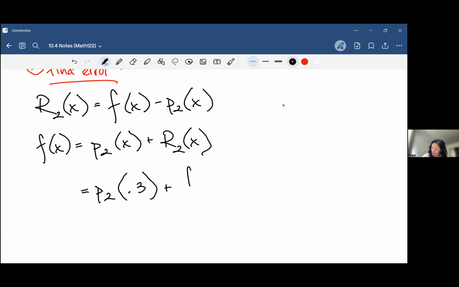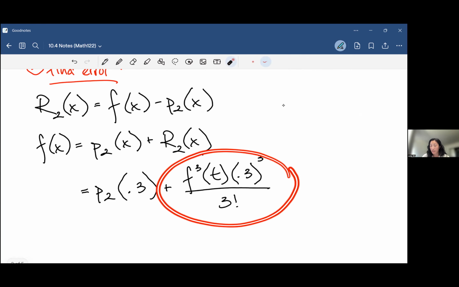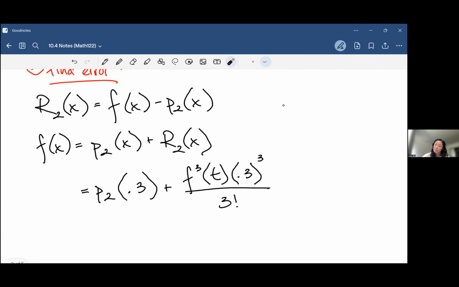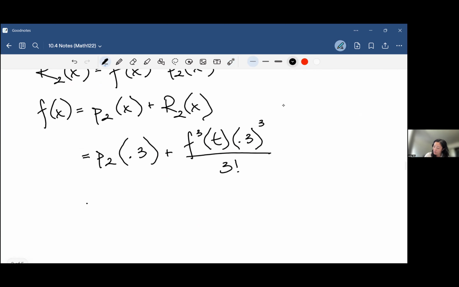So this is going to be the third derivative, because 2 plus 1 gives me 3, of t, times 0.3 cubed over 3 factorial. This should look pretty similar to what we had in the last video, because we're also looking for that second degree polynomial. So let's do some substitution.